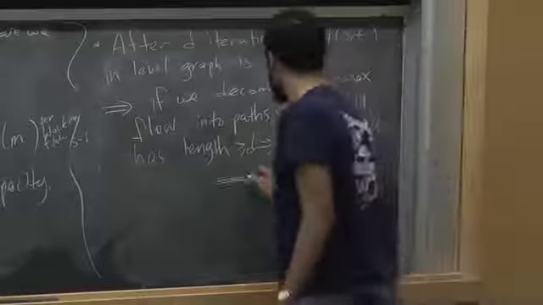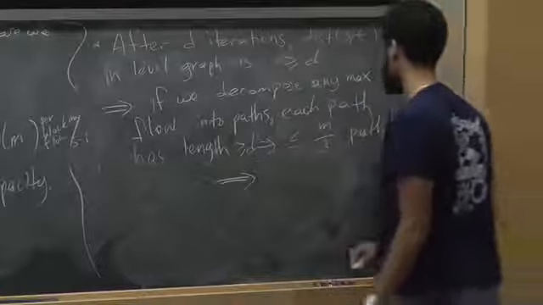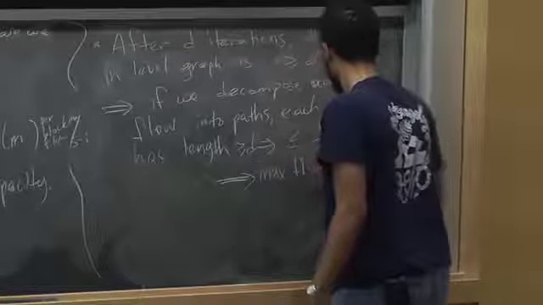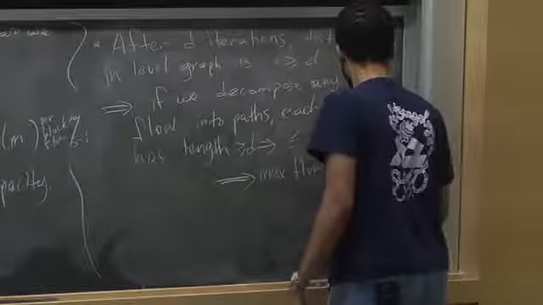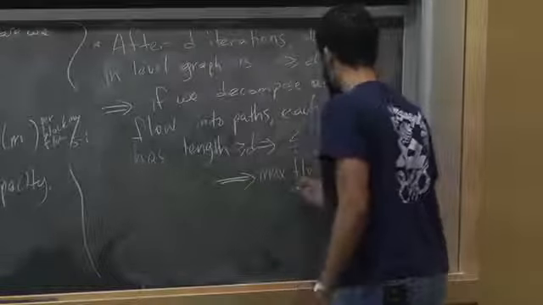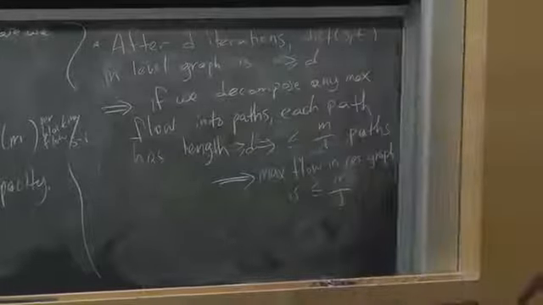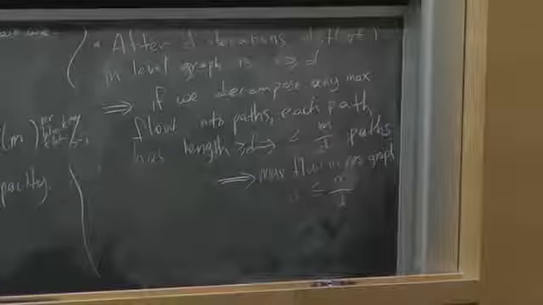Which implies the max flow in the residual graph is at most m over d. Right?